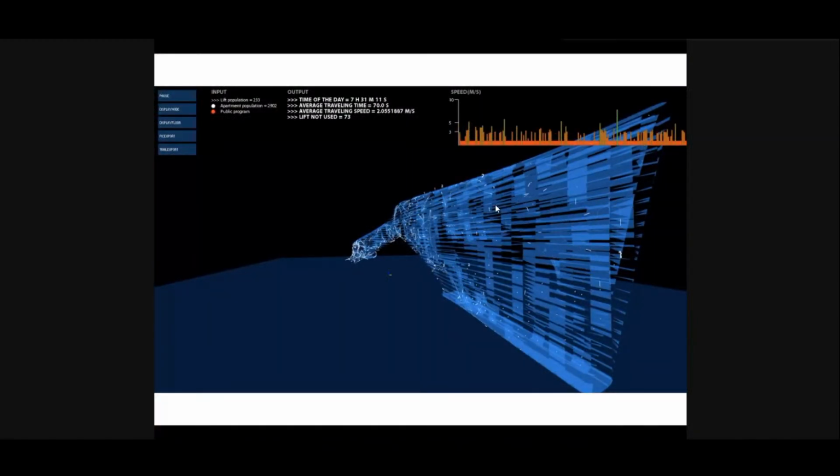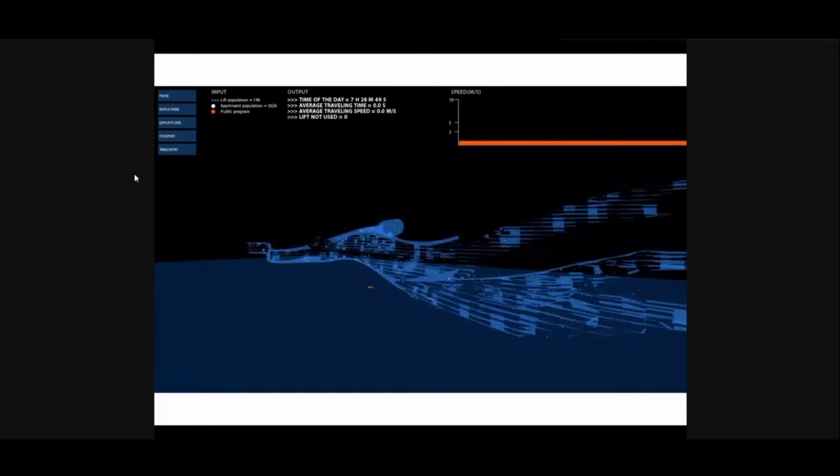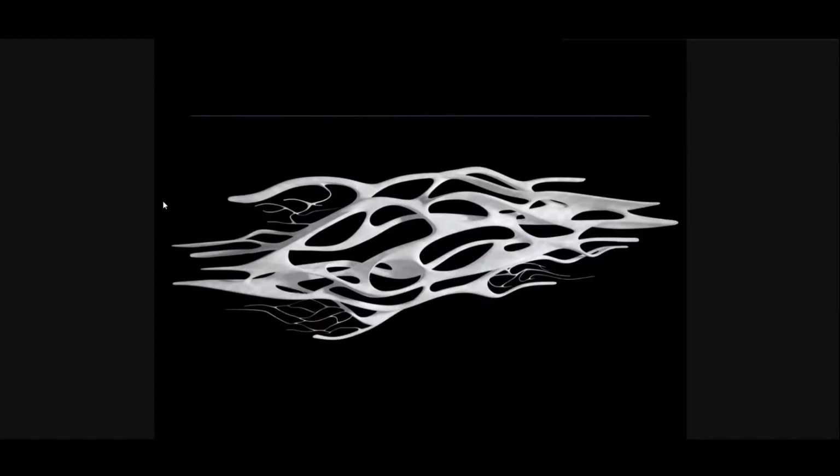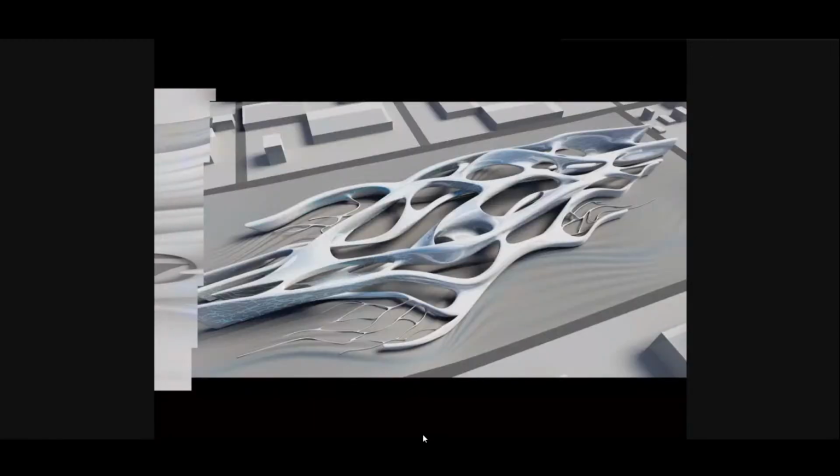So here we tested when the lift moves, even the facade got very dynamic in nature. Based on the user's demand, the facade can open or close. If it's closed, the lift can move on the surface of that, otherwise it has to take a different route. So some of the simulations. So a few renders.